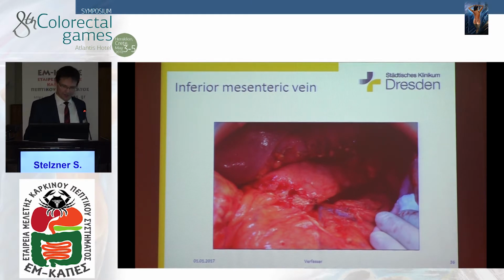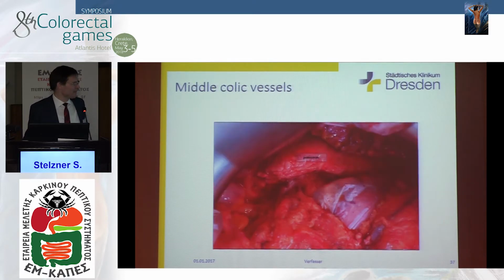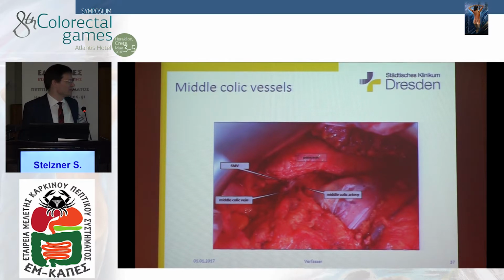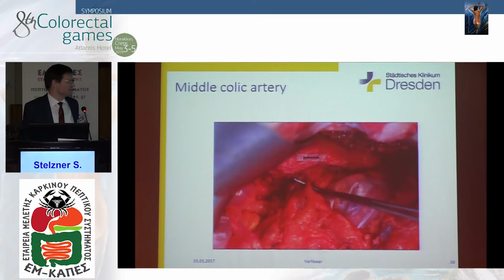There is the inferior mesenteric vein, also crossing two embryologic parts, the hindgut and the midgut, towards the foregut. And the vessels that directly supply the transverse mesocolon, the middle colic artery, and the middle colic vein flowing towards the superior mesenteric vein.